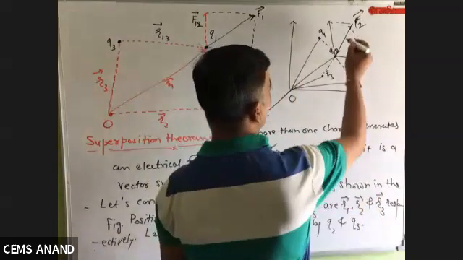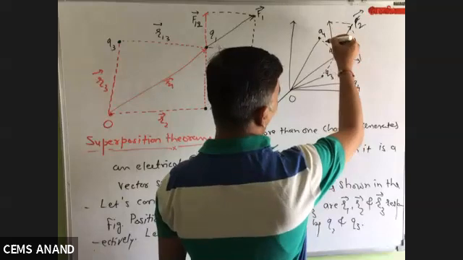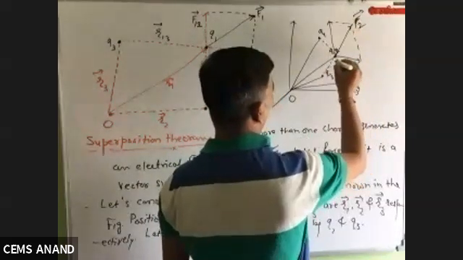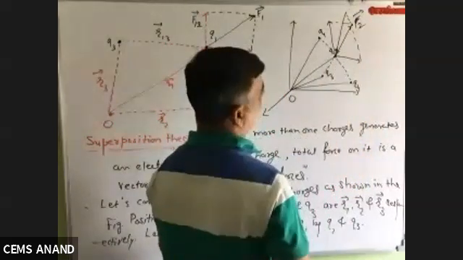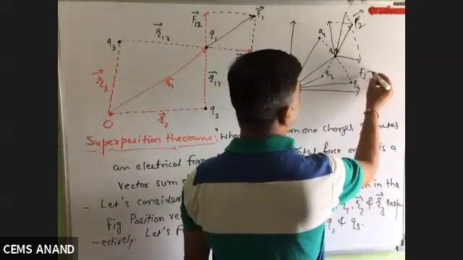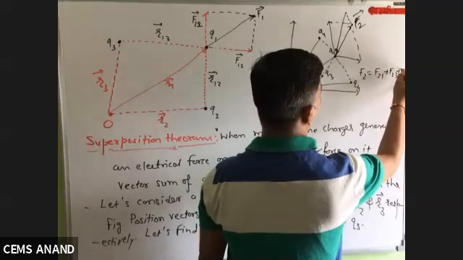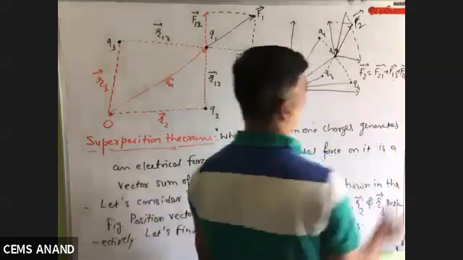From this, we can see the force due to this over here, due to this over there, due to this even here somewhere. So it is a sum of 1, 3, 4, right?